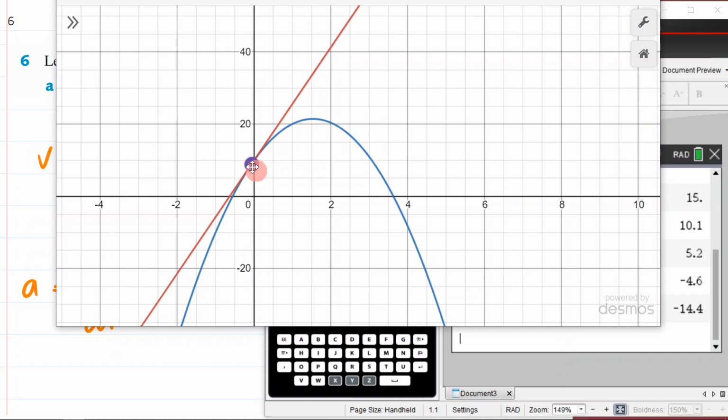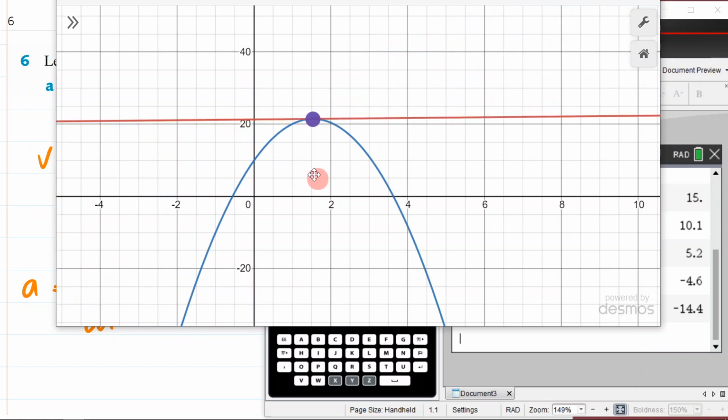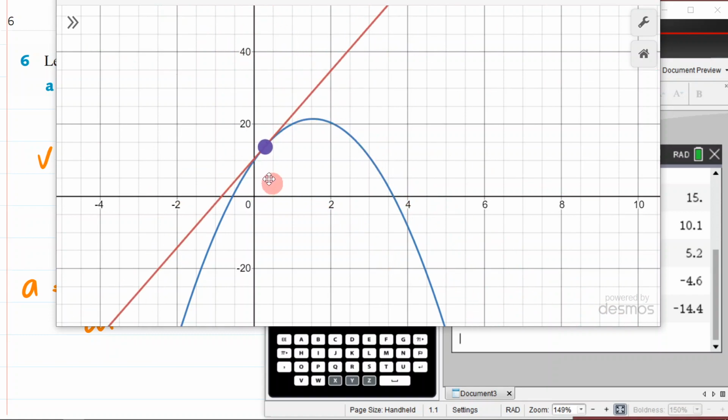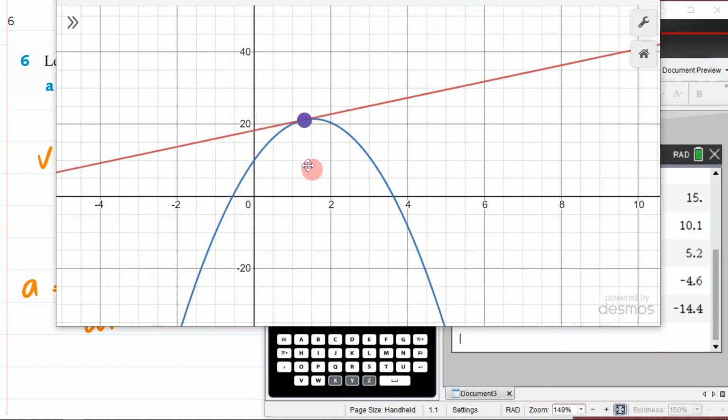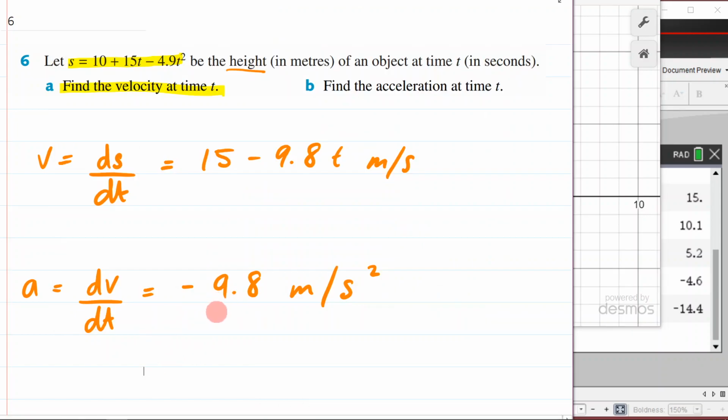Because remember, the velocity is just the derivative of the position equation. Do you notice how as soon as I start moving, the gradient of the line is becoming less and less? It's decreasing until it becomes 0, and then it becomes negative. So it's always becoming less. So the change of the velocity is always going to be negative, and that's why our acceleration is negative.